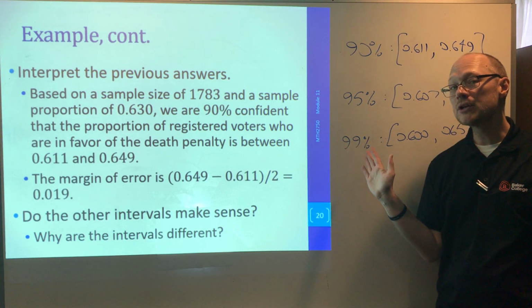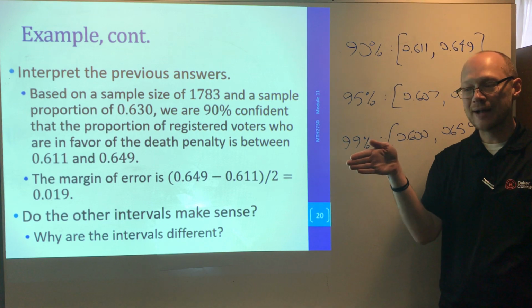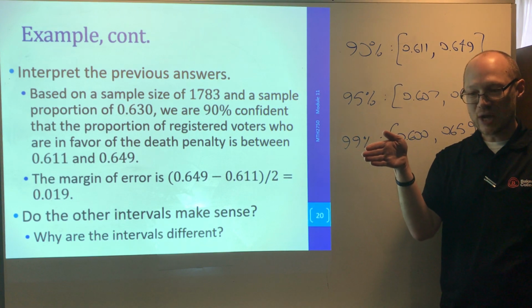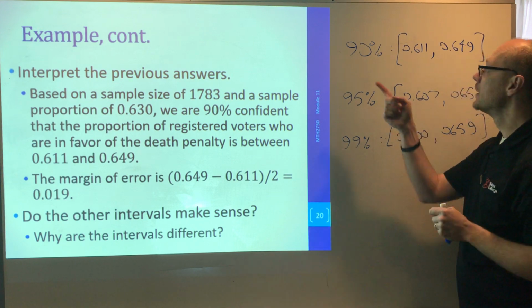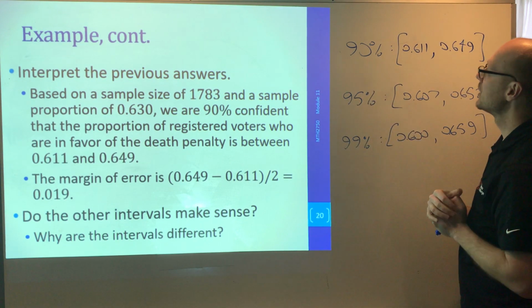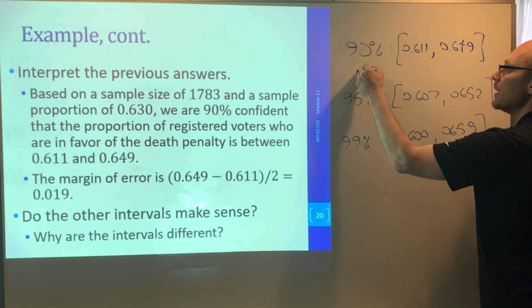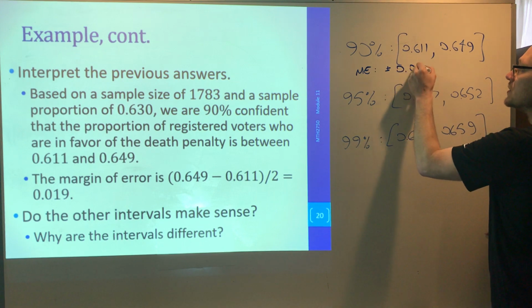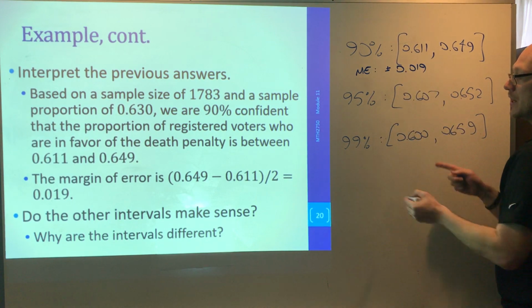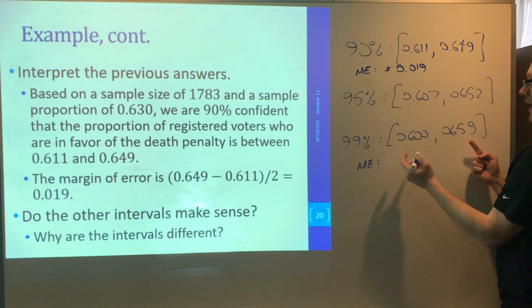Now, if you don't care as much about the accuracy, if you're willing to be wrong in exchange for a narrower range, then I can give you a 90% confidence interval. The margin of error is plus or minus 0.019. For here, the margin of error is going to be subtract these things, divide by 2.